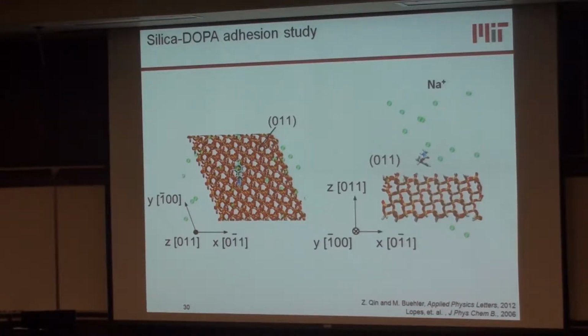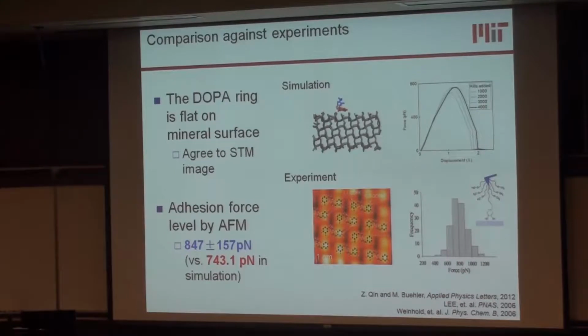Here we use the CHARMM force field, and we have a 0.5 mole per liter sodium chloride concentration inside the solvent to mimic the seawater condition. After equilibrium, we see that a single DOPA attaches very flat on the top surface of the silica, which qualitatively agrees with the experimental observation.